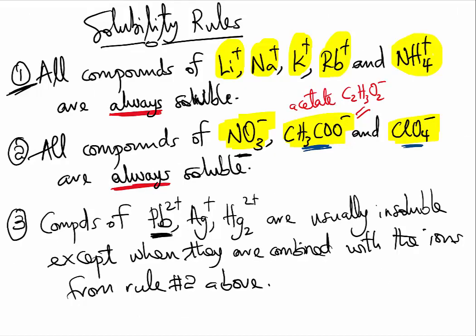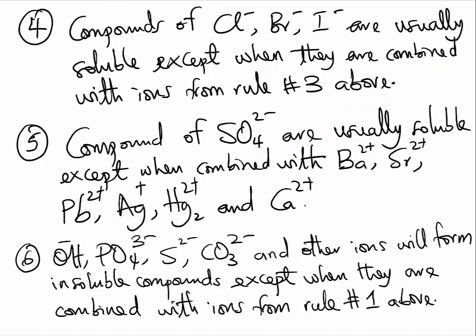Let us first take a look at what we have in rule number 1. We have the lithium ions, sodium ions, potassium ions, rubidium ions, and ammonium ions. So that means that these ions will only be soluble when they are combined with those positively charged ions in rule number 1 that are always soluble.